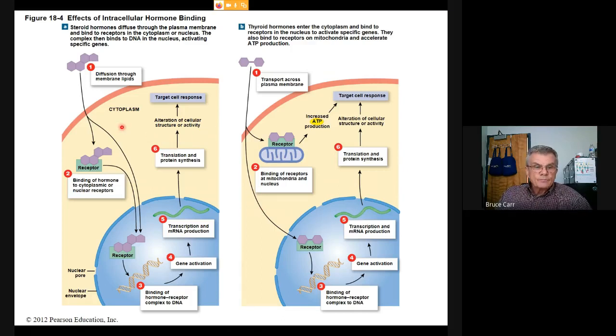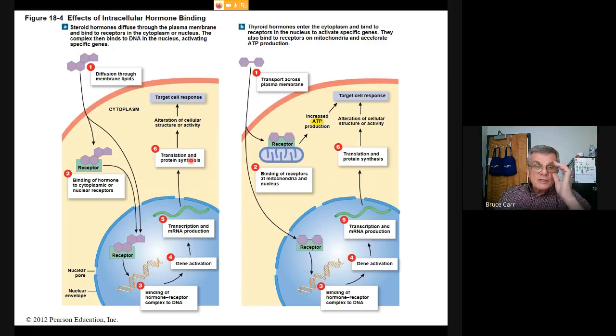This is showing the movement of a hormone, in this case a 4-ring, probably a cholesterol derivative, into the cytoplasm where it binds a receptor and activates any number of things. This left drawing is showing a penetration of this complex into the nucleus where it picks out a specific hormone receptor complex of the DNA and activates mRNA production and protein synthesis.